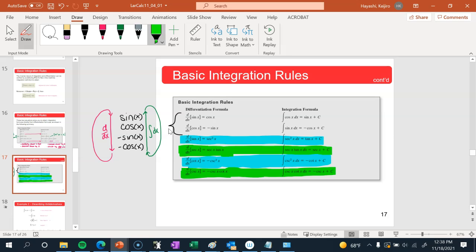Those do have integrals, but you're just not going to learn them in this course.